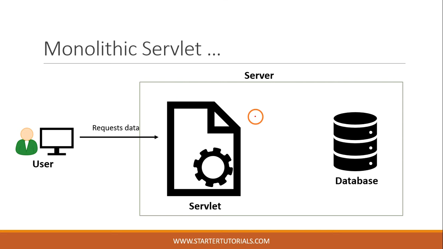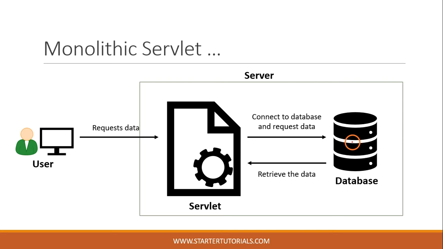Now the process flow is like this: the user requests some kind of resource, which will be accepted by the servlet, and then the servlet will contact the database to retrieve the data, and the database will send the data back to the servlet, and finally the servlet will send back the response to the user. So this is what happens in the case of a monolithic servlet. Monolithic means all the types of logic is within one servlet only.